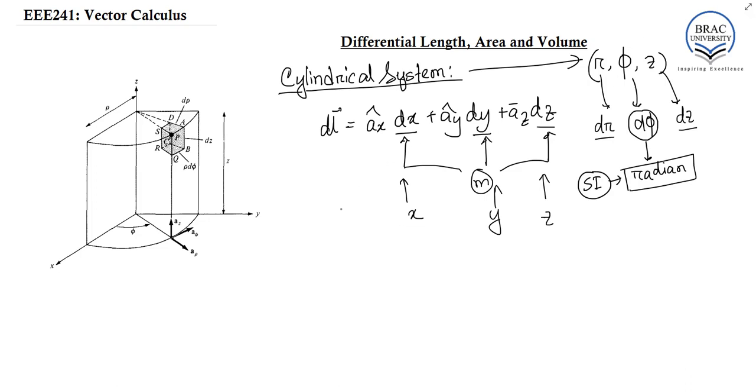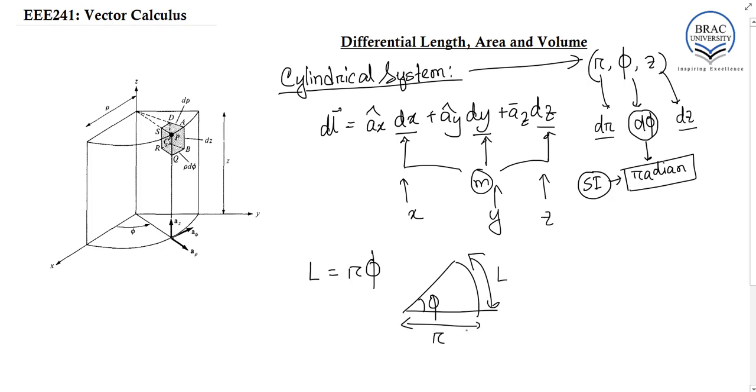So let's say the arc length of any arc is given by this equation over here, where this is the arc length covered, this is the angle the arc holds at the center, and this is the radius of the arc. Okay, so what is the differential form of this formula?